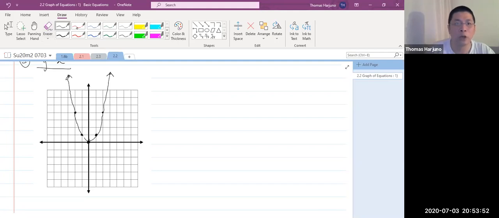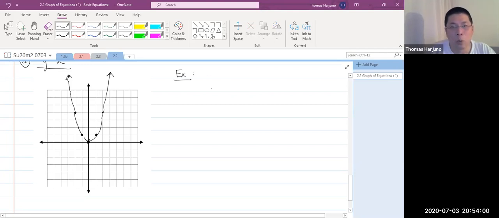Now, why do we want to know this? Suppose, for example, I have this question: y equals (x minus 2) squared minus 3.